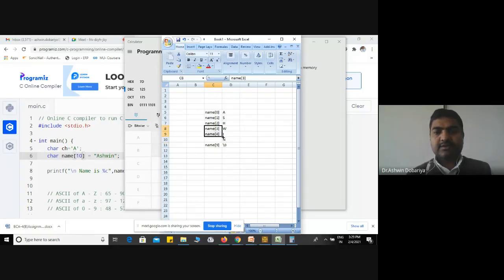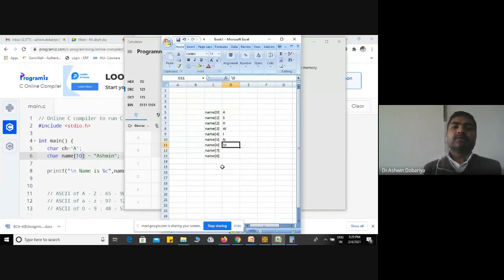Let me just complete the things. This is the internal memory structure. Up to that we can say 7, up to 7 we can go, and 8. So these are the wasted memory, you can say.